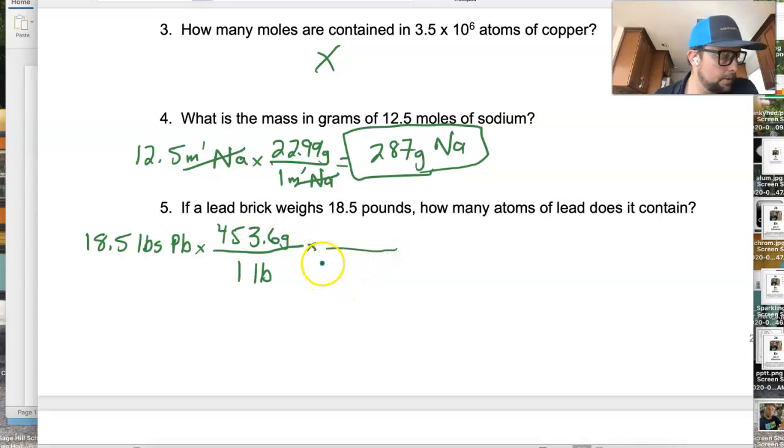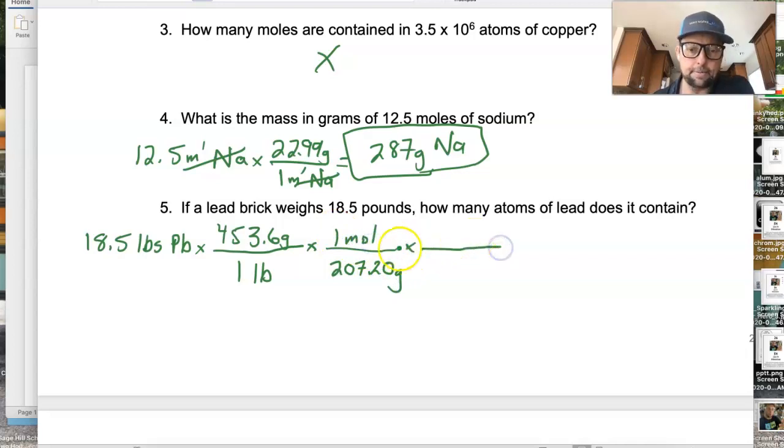Then, according to our periodic table, lead has a mass of 207.20 per mole. Again, we're doing these in one series of dimensional analysis calculations.